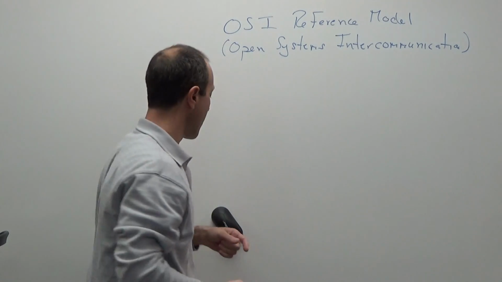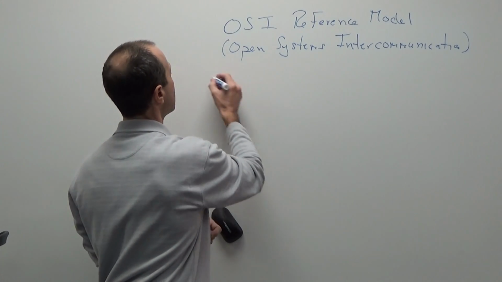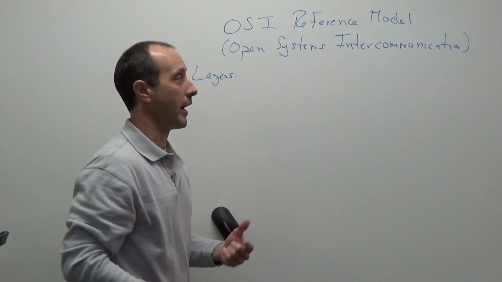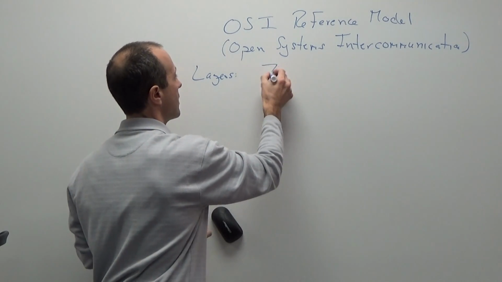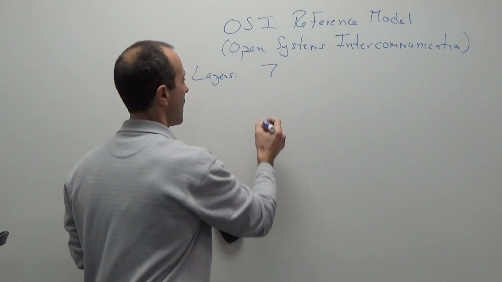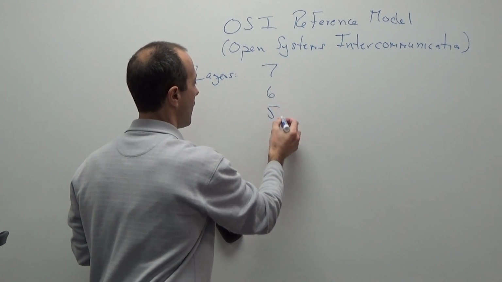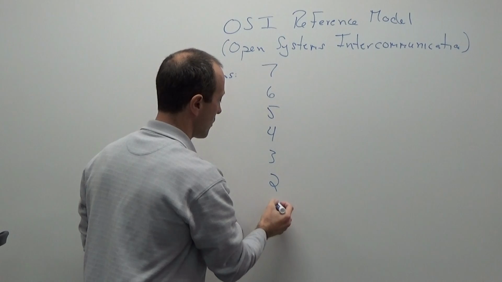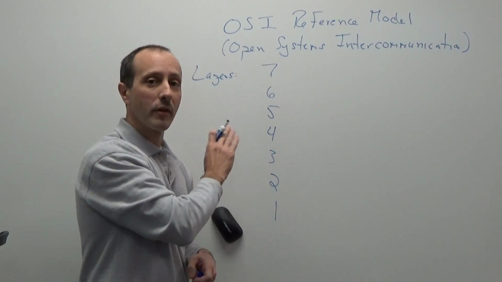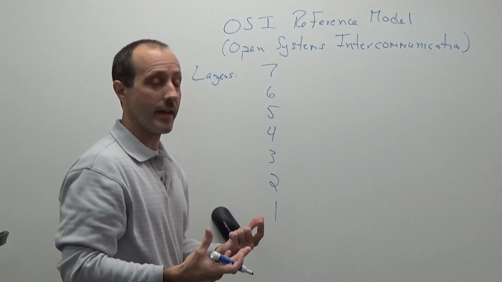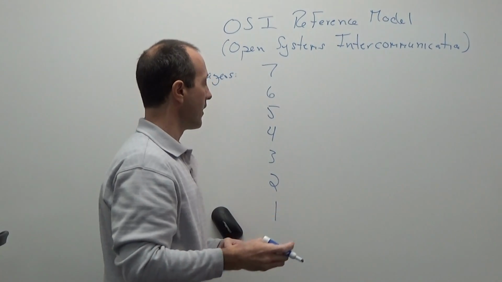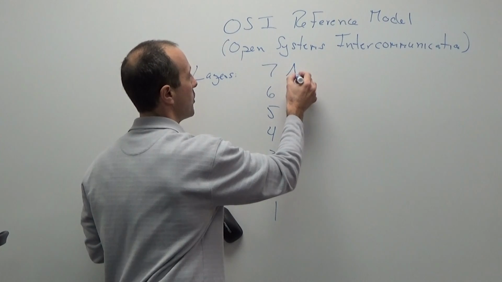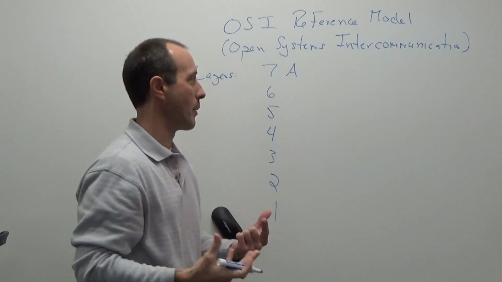Now, there are 7 layers to the OSI Reference Model, and we want to be able to identify each one of those. So we'll start at the top, and we're going to go down. 7, 6, 5, 4, 3, 2, and 1. And each one of those layers has a name. But in order to remember those names, we want to actually set up a mnemonic or a way of remembering them.